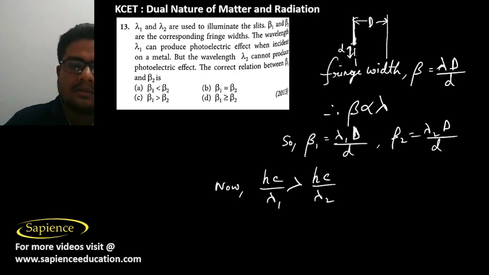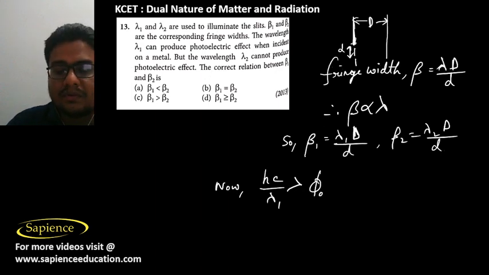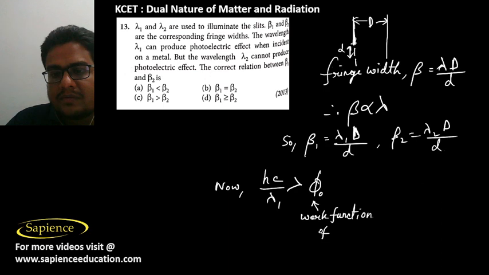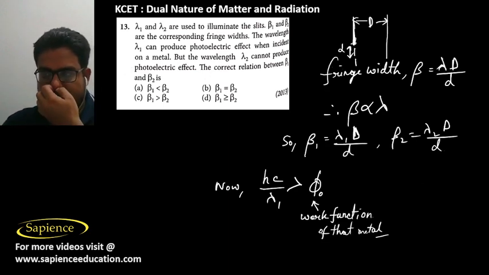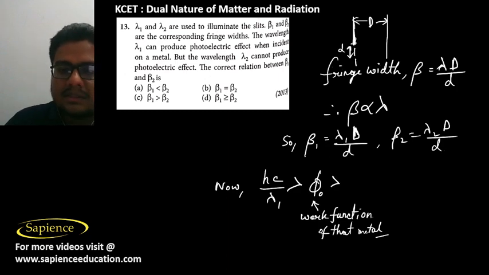Since lambda 1 can produce photoelectric effect, hc by lambda 1 is more than the work function phi naught of that metal on which the photoelectric effect will happen, and this work function is greater than hc by lambda 2.